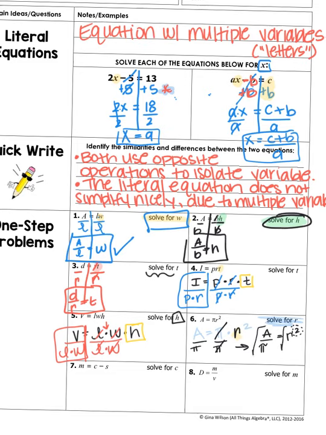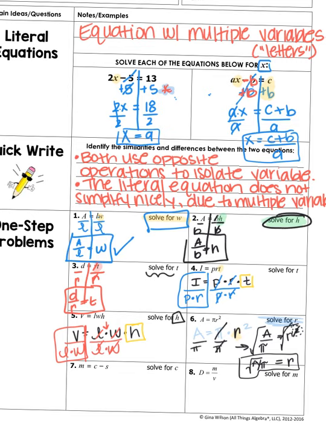When we take the square root, our square root and our square cancel each other out. Those are opposite operations. So the R would be all by itself. Now on this left side, that's just going to be my answer. I'll leave it as the square root of A divided by pi. And that's your answer to number 6.